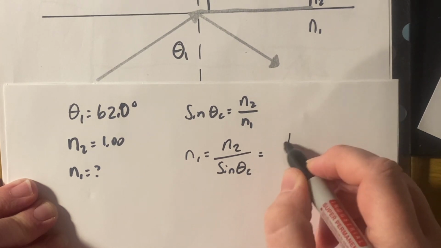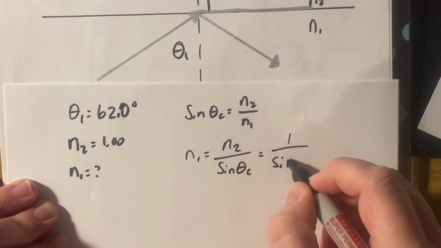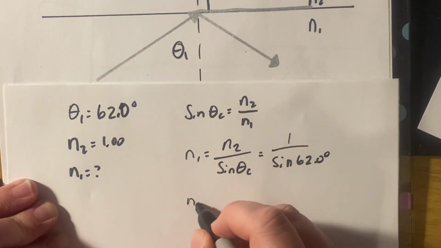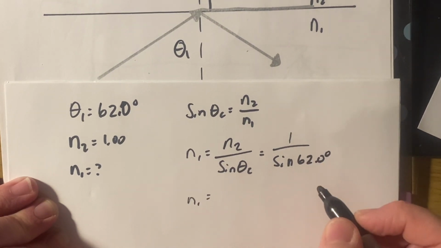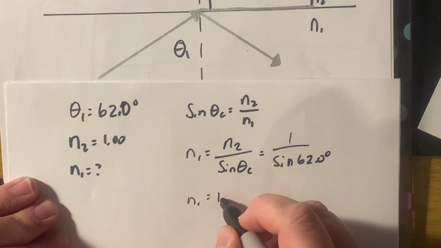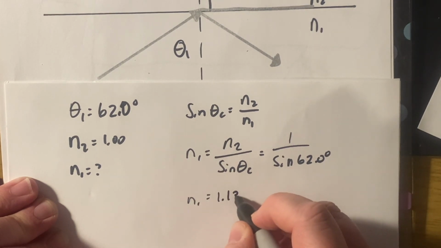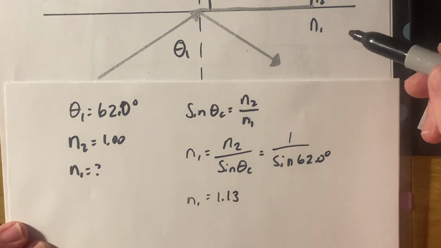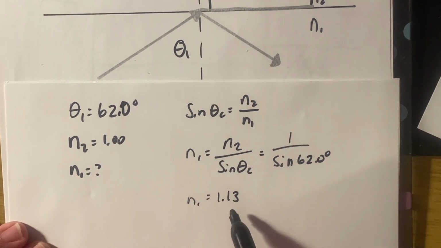And so in this situation, we have 1 for our N2 because it's air, and then divided by the sine of 62.0. And when we divide those out, we get our N value of 1.13. So the refractive index of that substance is 1.13, and it's caused by that critical angle of 62.0 degrees.